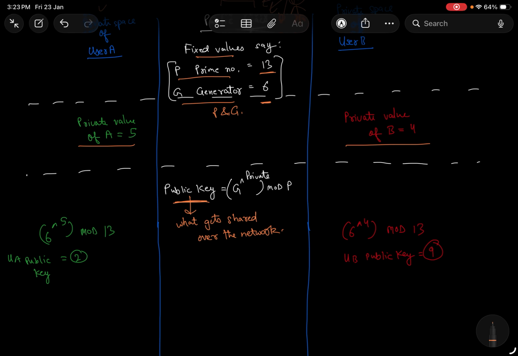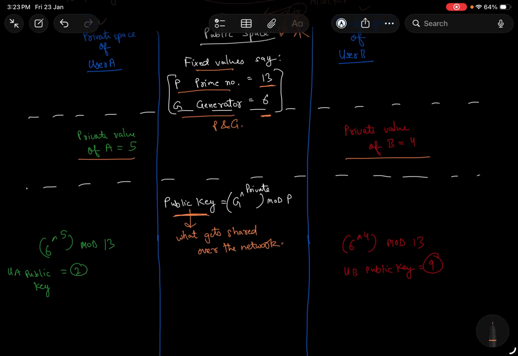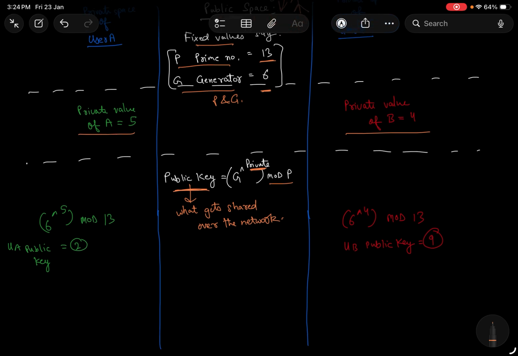It is computed by the formula G to the power of the private value, and then we mod the number with P. This public key then gets shared over the network.